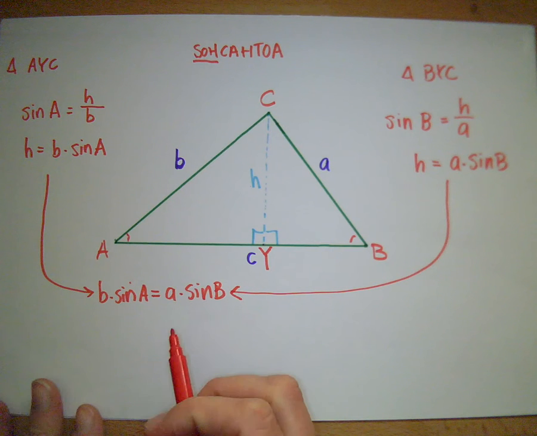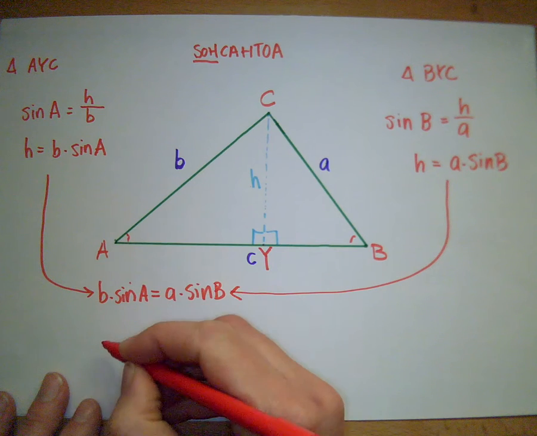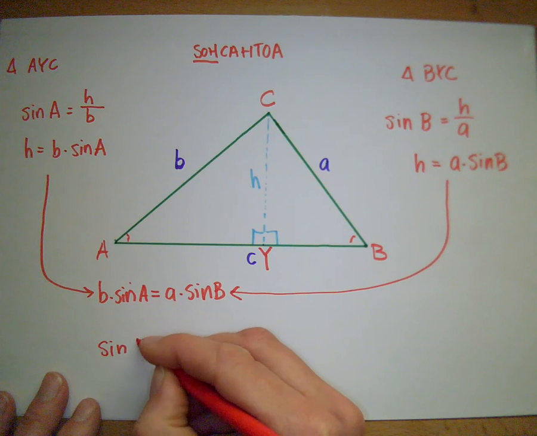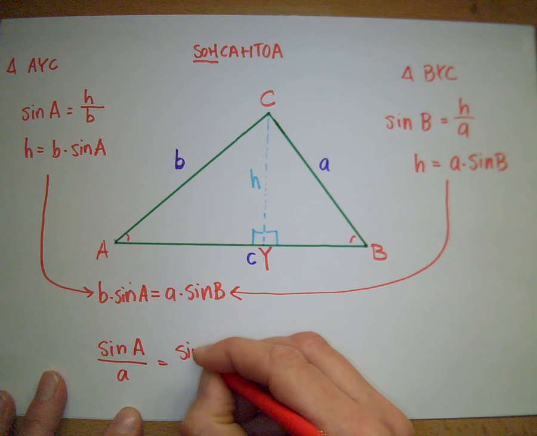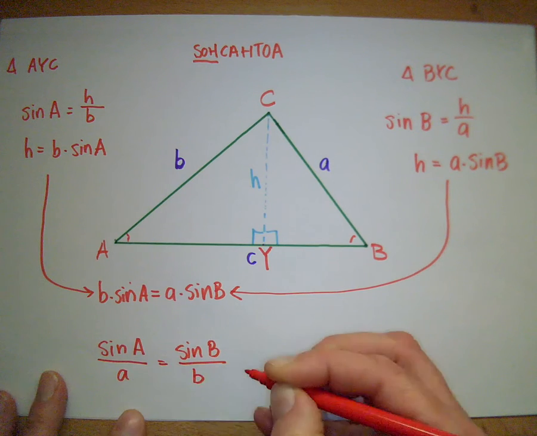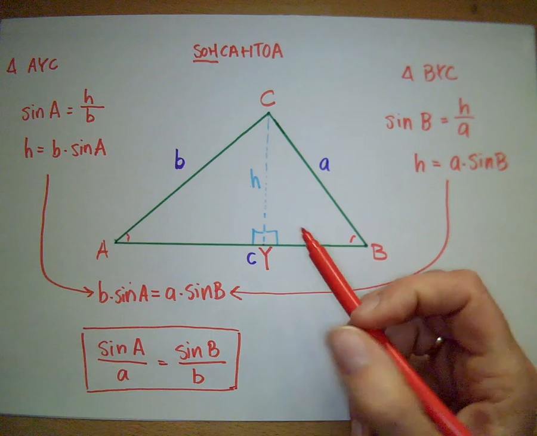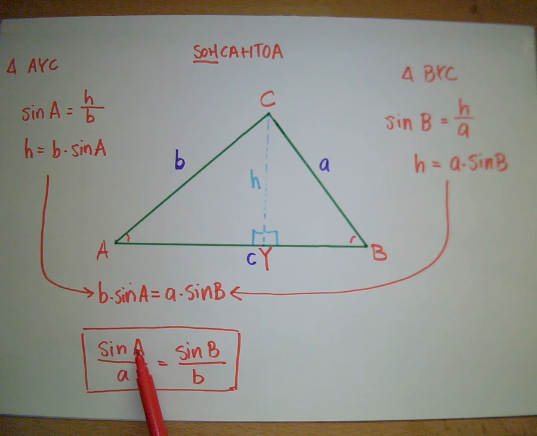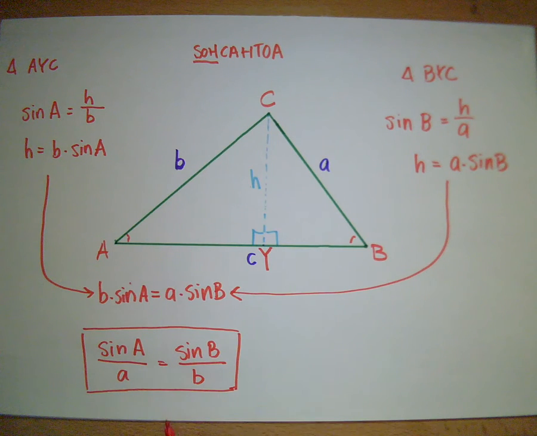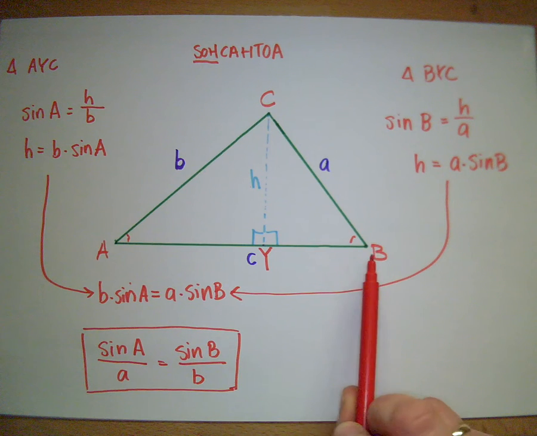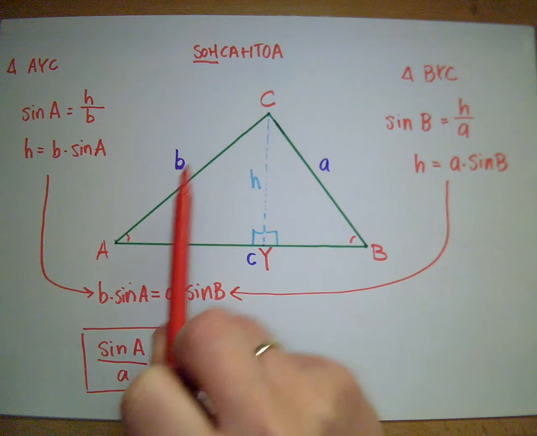So if we switch this around, divide both sides by a, then divide both sides by b, we can rewrite this equation like this. Once again, you can pause the video if you don't trust me, if you don't see it immediately. But apparently, the sine of angle A divided by side a, which is opposite the angle, is equal to the sine of angle B divided by its opposite side.